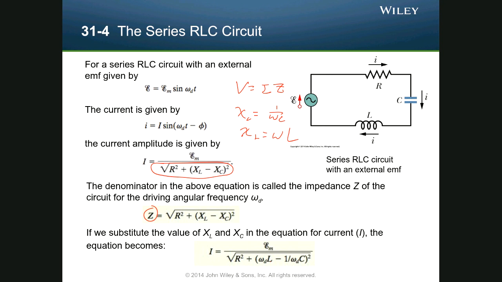All right? Now you'll notice something very interesting. Well, you might not notice it yet, but there is a special case when XL equals XC. This will be the condition for resonance, or when omega driven equals the omega of the circuit.